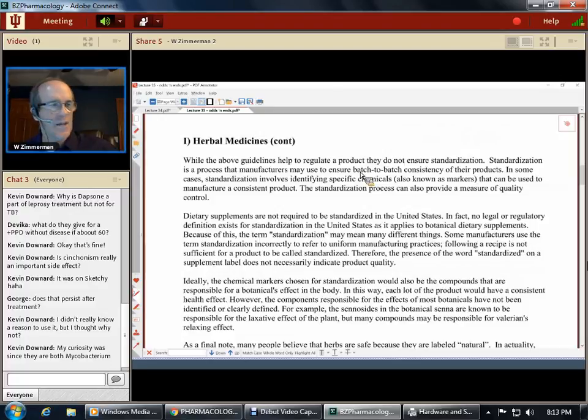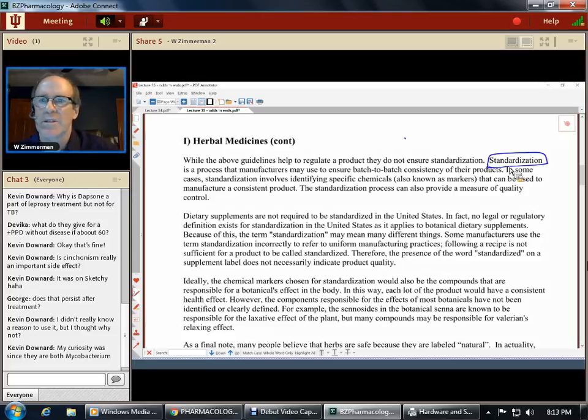All right, so we've got these compounds put out there that can be parts of plants, and people will talk about standardization. That's a key word. When they talk about standardization of these products, they're not saying that each lot is the same.